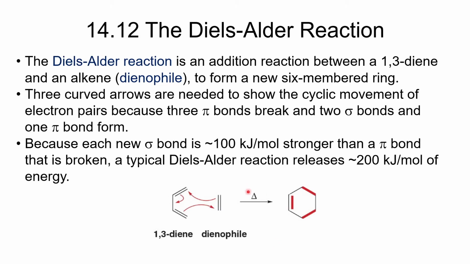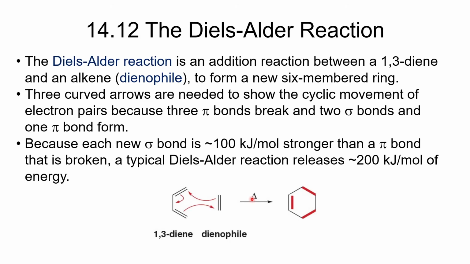We'll talk about why that is a little bit later, but the simple answer is that we need to add heat to overcome the high activation barrier for this reaction to occur. Now, it's a high activation barrier for this particular reaction, and we will see that there are some cases where the activation barrier is not as high and you don't really have to heat it. But we generally do heat it to make it go faster.